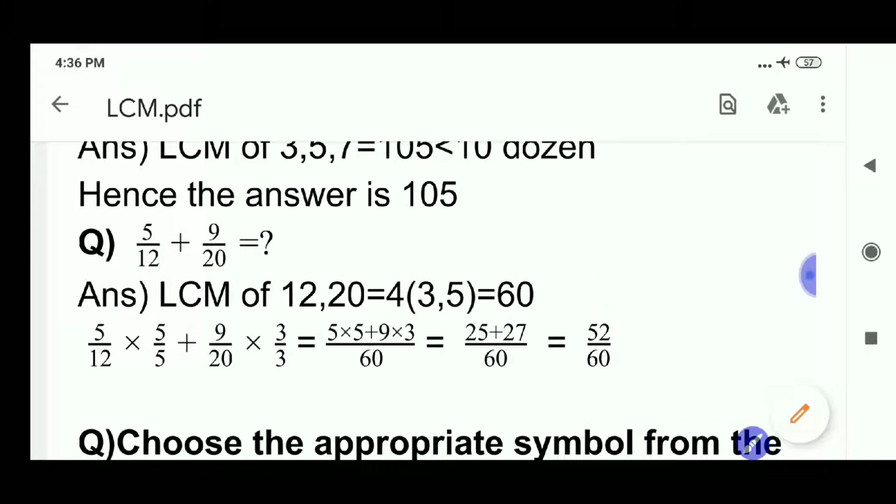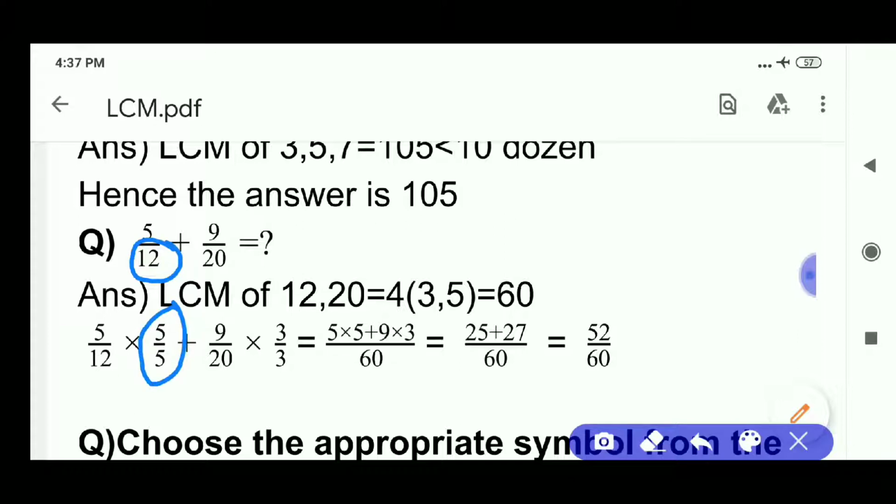So in a fraction, we know that if we multiply both numerator and denominator with the same number, the value will not change. So my aim is to make this denominator 60. So I multiply both numerator and denominator with 5. Similarly, I want to make this 20 as 60.